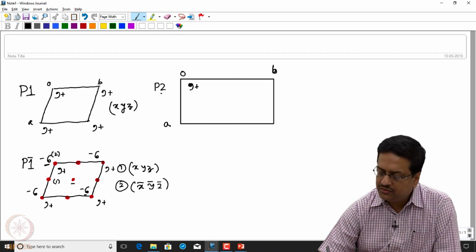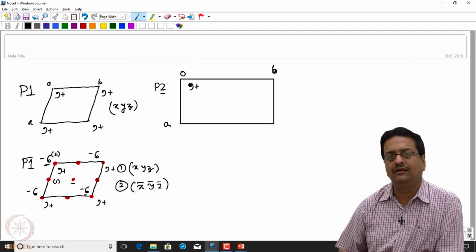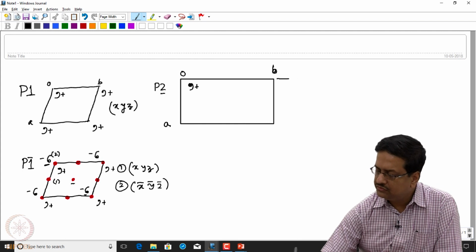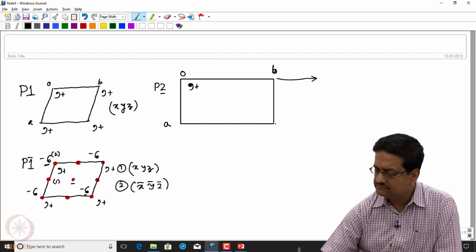When I am saying P2, this twofold is along the unique axis B, which means the twofold is here.